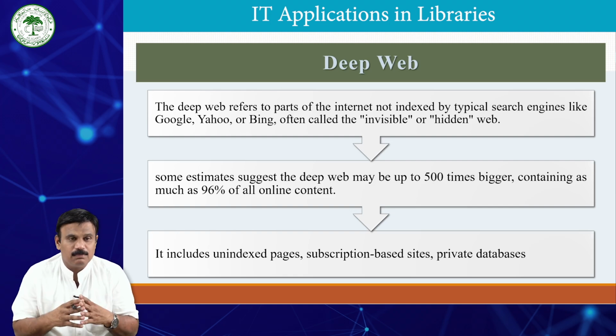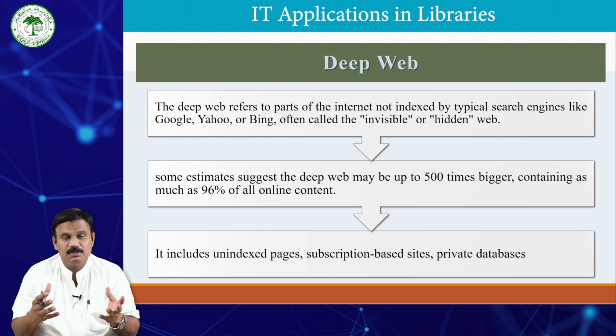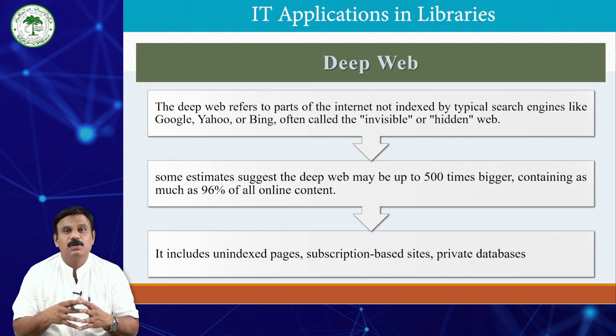So here we need some mechanism to retrieve the documents that are not indexed by search engines or meta search engines. Here comes tools like federated search tools as well as web scale discovery tools.